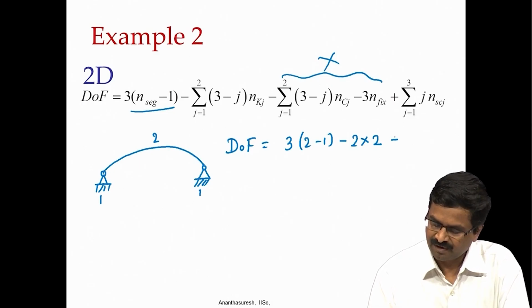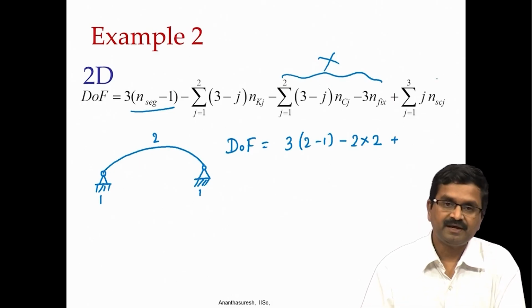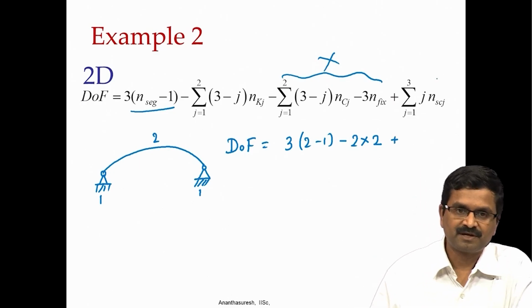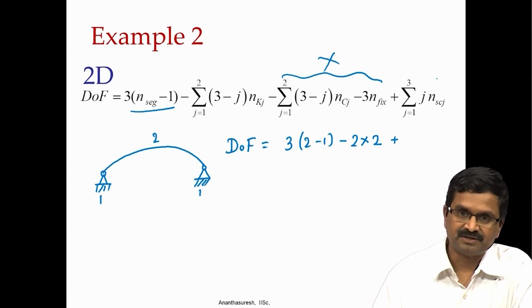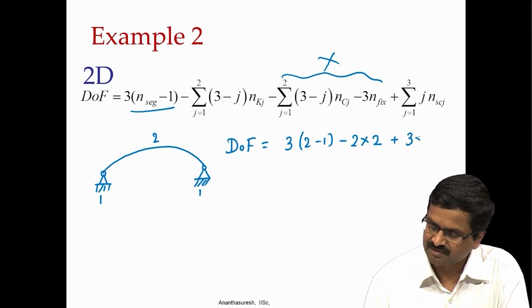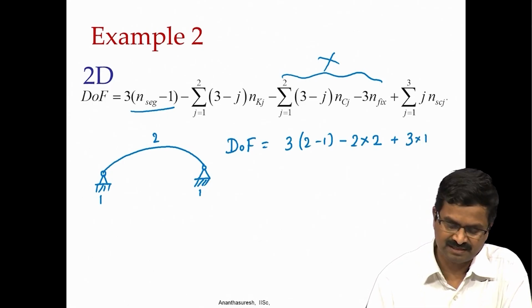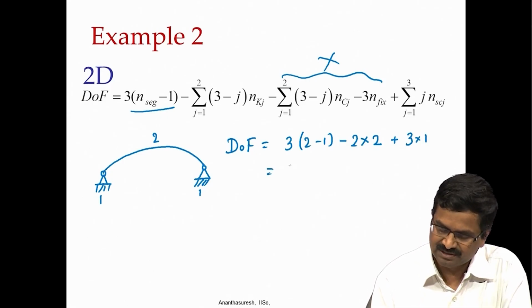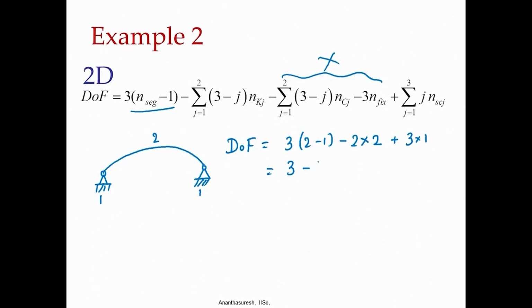And now we come to the last one. Because I do not know what to take as segment compliance for this arch, I take 3. When in doubt, we take the full one, then it will become 3 times 1. There are no other elastic segments here, only one. So, this is 3 minus 4 and then plus 3, that gives us 2.